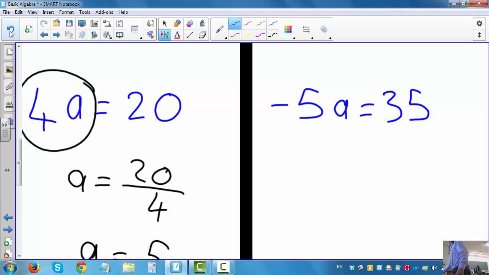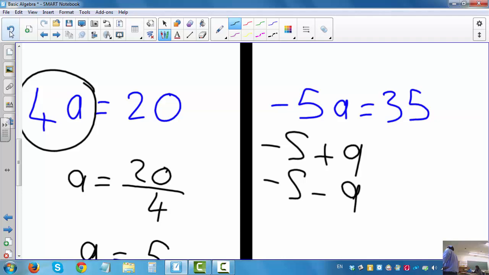Okay. Minus 5, as you can see, there is a negative sign here, but this is a multiplication. Why is this a multiplication? Because this is not minus 5 plus A. This is not minus 5 minus A. This is not A divided by minus 5. So I just showed you the 3 mathematical operations, which are addition, subtraction, and division.